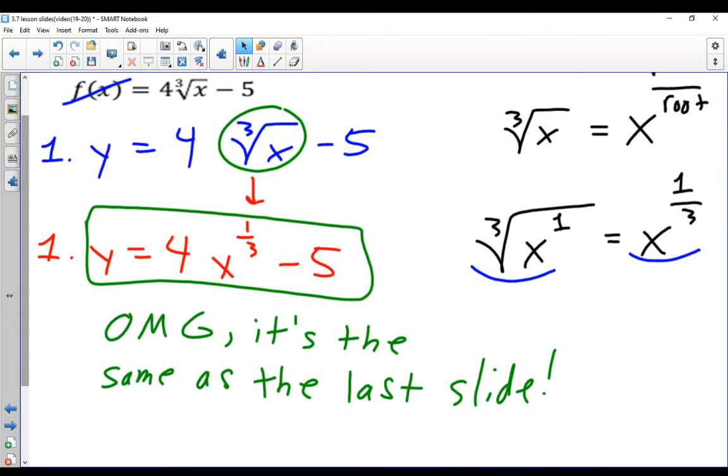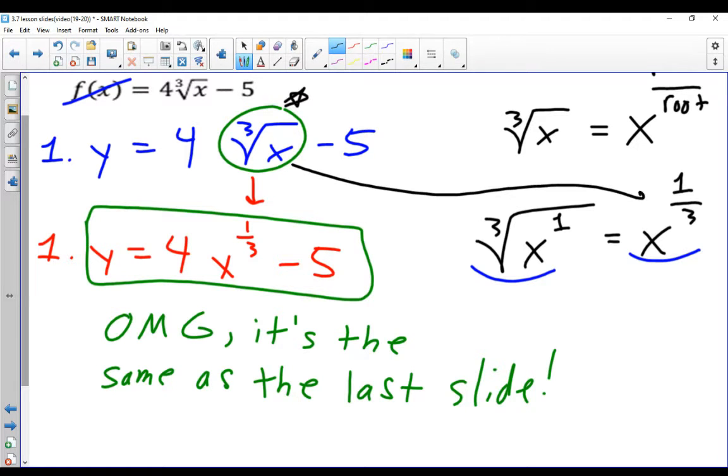That was easy. So I trust that you guys know how to handle this problem. I'm not going to work it out because it was already done on the previous slide. As long as you recognize that this root can be rewritten as this, then you can just solve it like we did on the previous slide.